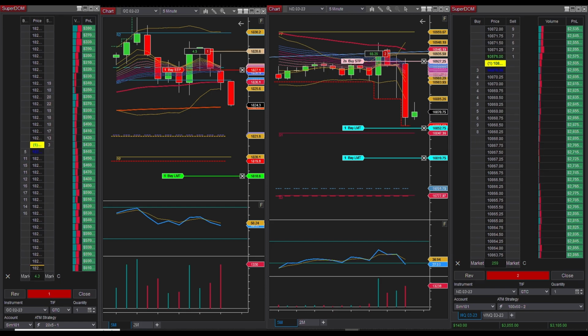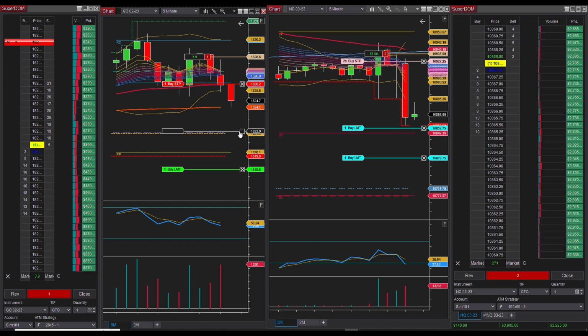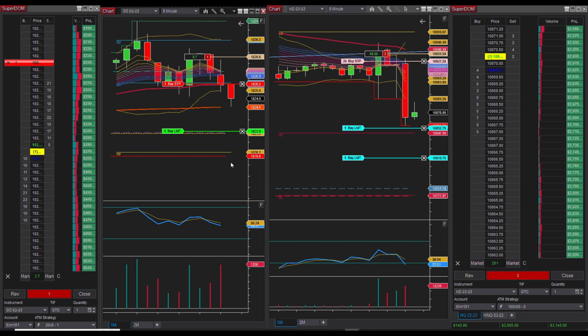Here you go, indeed, my first target on gold being hit. So now I'm lowering my stop loss, and then getting my second target a little bit higher. When things like that happen, it shows that the environment can change at any second, any moment.